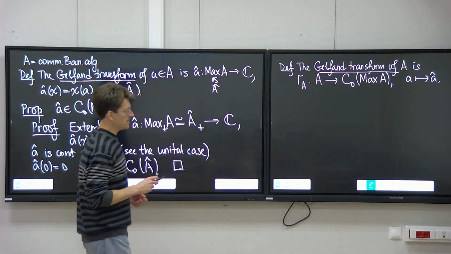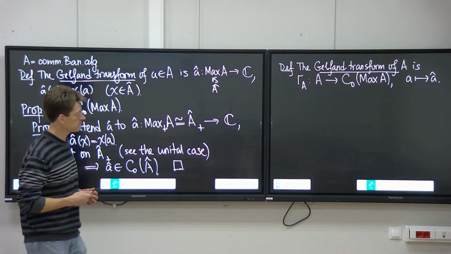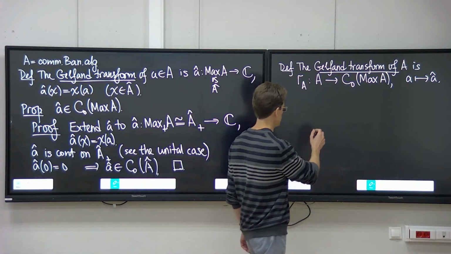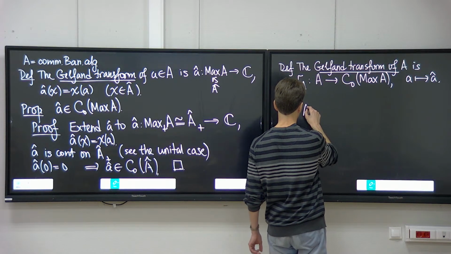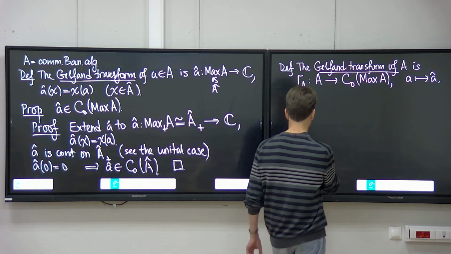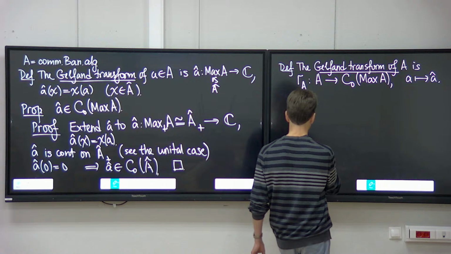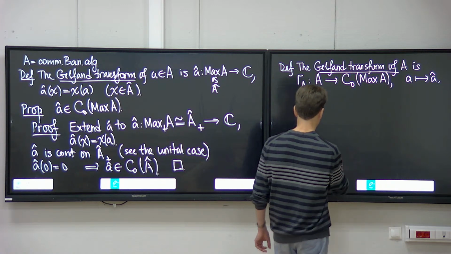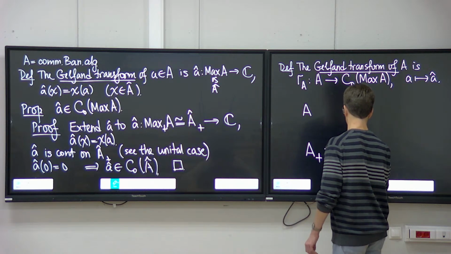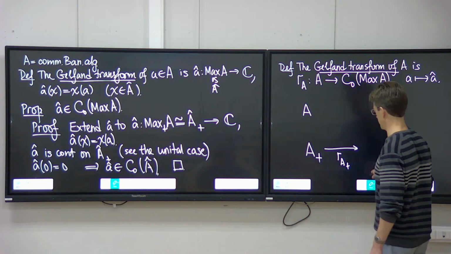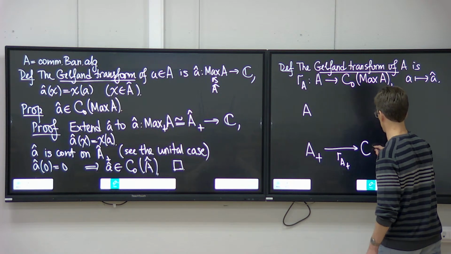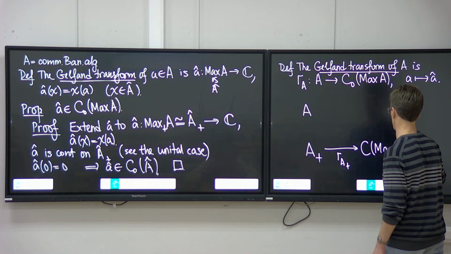How is this map related to the Gelfand transform of A plus? Well, the relation is given by the following picture. This is A. This is the unitization of A, A plus. So we look at the Gelfand transform of the unitization, gamma A plus, and it acts from A plus to the algebra of continuous functions on the maximal spectrum of A plus.